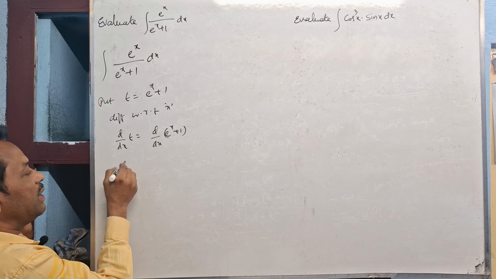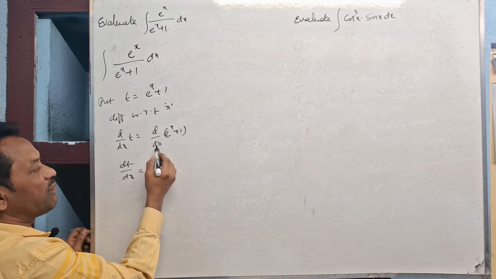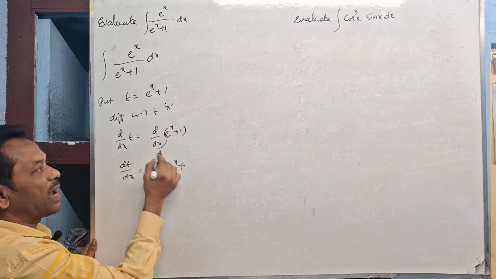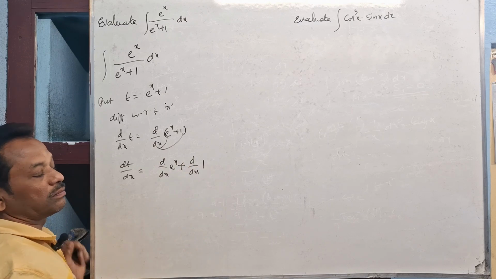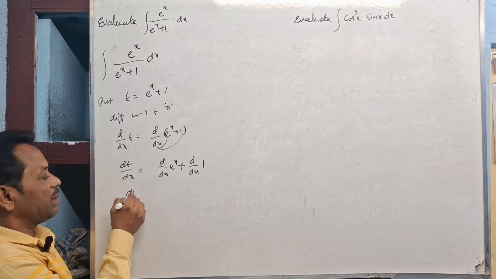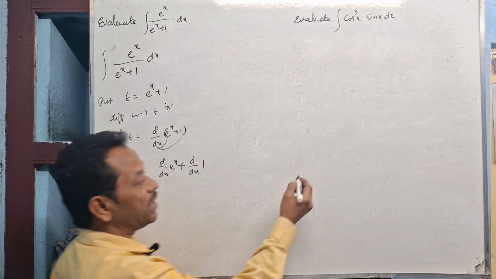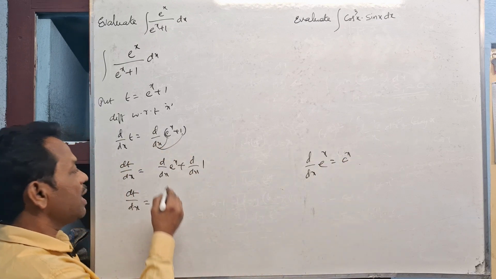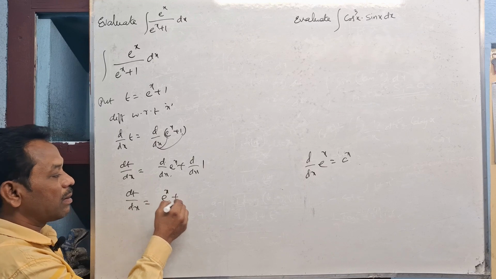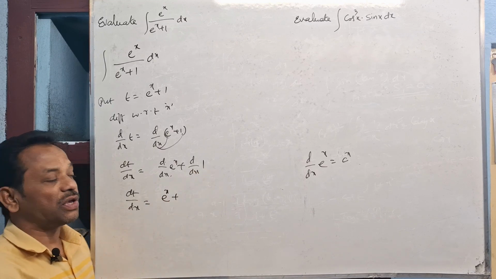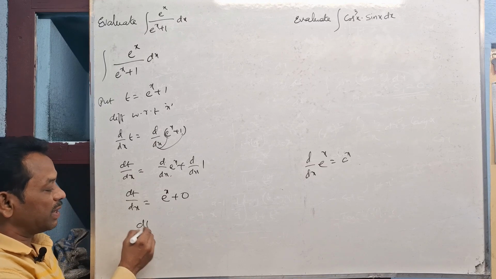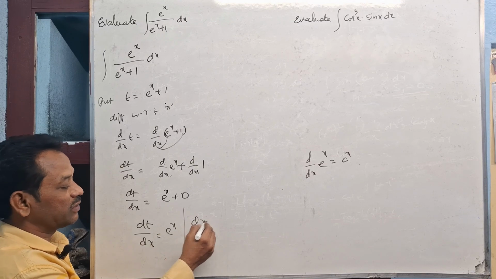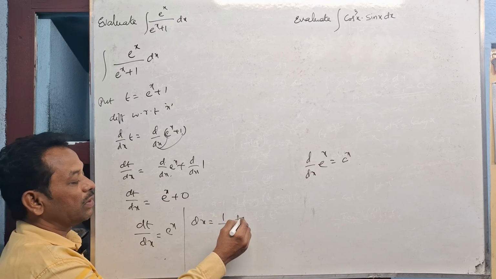So dt by dx equals d by dx of e power of x plus d by dx of 1. We know d by dx of e power of x is e power of x, and d by dx of a constant is 0. So dt by dx equals e power of x. From this, the dx value will be 1 by e power of x into dt.